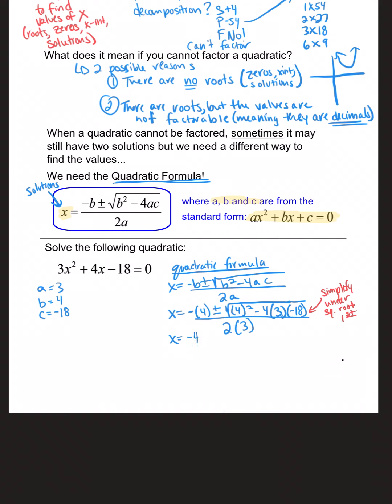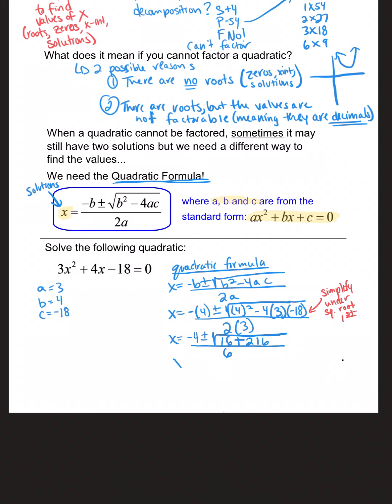So we have a negative 4 plus or minus, and then if we have 4 squared, that's 16. And then we have a negative 4 times 3 times a negative 18. So be very careful with your multiplication of integers here. I have a negative and a negative, so I'm going to end up with a positive, and that equals 216. All over, and we can simplify our denominator and say that's 6.